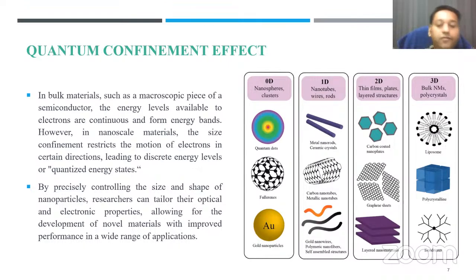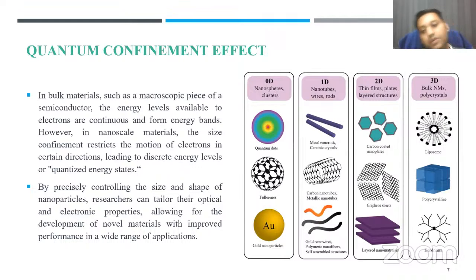The implication of quantum confinement is in its properties, and we will see how it is related. In bulk materials, such as a macroscopic piece of a semiconductor, the energy levels available to electrons are continuous and form energy bands. However, in nanoscale materials, the size confinement restricts the motion of electrons in certain directions, and this leads to the discretization of the energy levels.